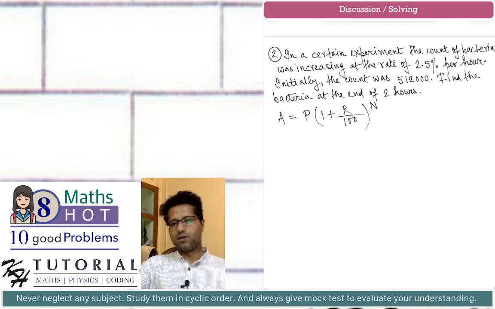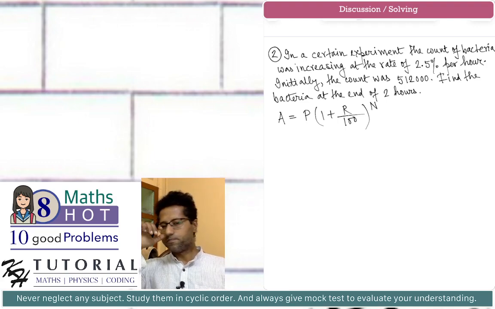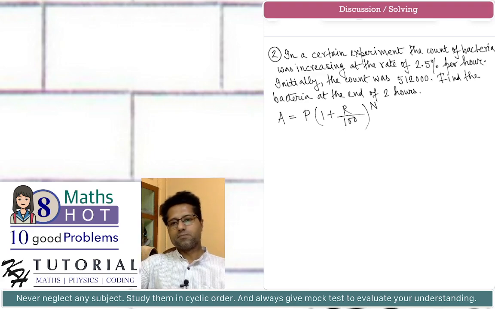P is the initial count of bacteria, and R is the rate of growth of bacteria count per hour, and N is the total time period, which is given to be 2 hours. So we have P is 512,000.